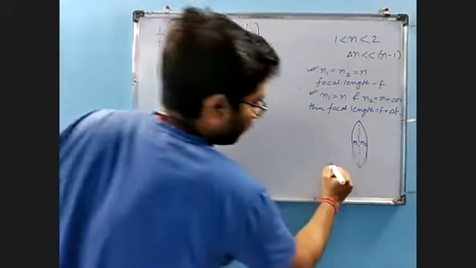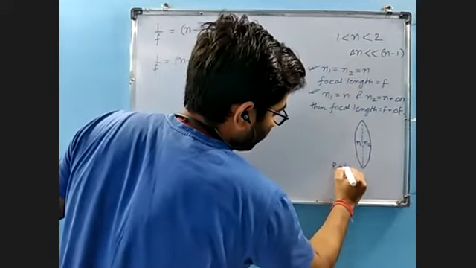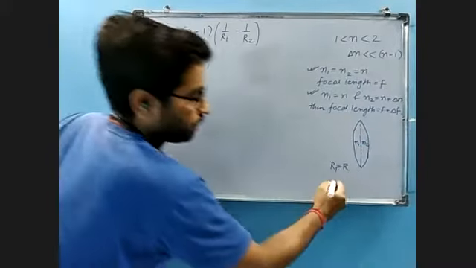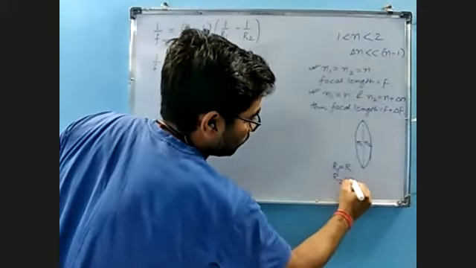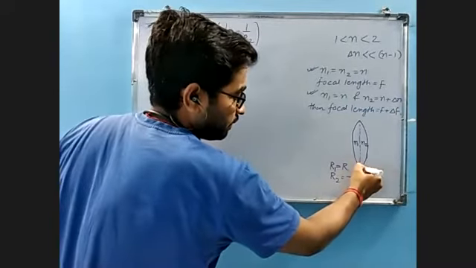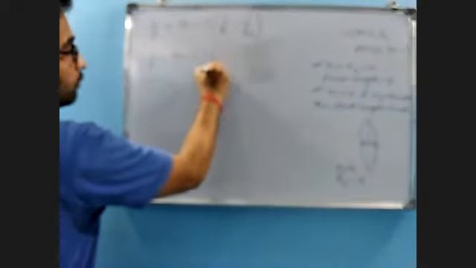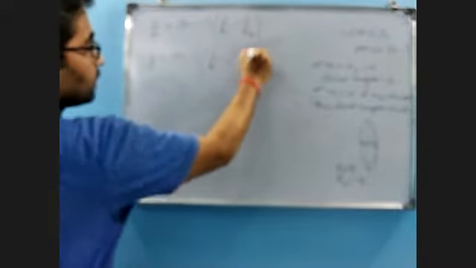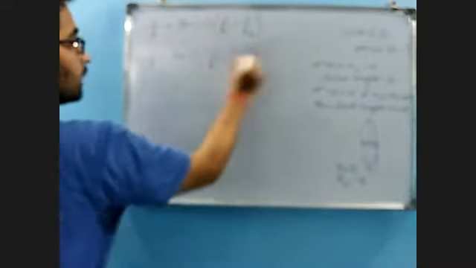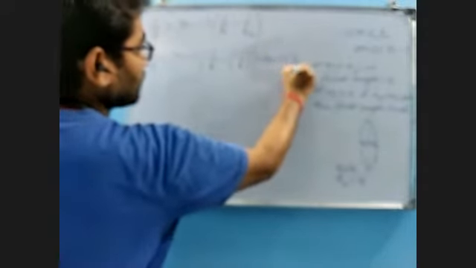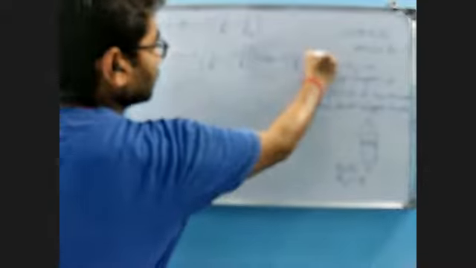The value of R1 is R, since it is the convex part, and R2 will be equal to minus R because it is a concave part of the lens. So now we have 1 upon R minus 1 upon minus R. So this will be equal to N minus 1 into 2 by R. So this is the first relation that we got from it.